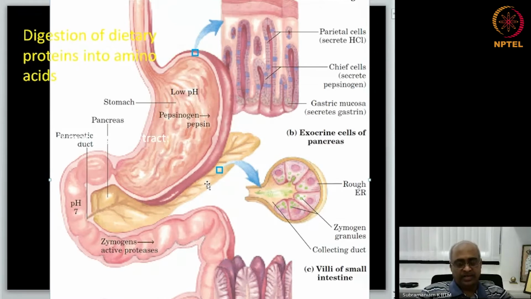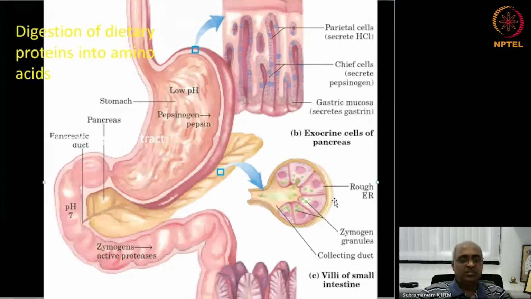They are the endocrine part of the pancreas, and therefore the pancreas is an endocrine gland also. At the same time, the exocrine cells of the pancreas, shown here, produce multiple proteases. The main ones are trypsin, chymotrypsin, carboxypeptidase A, and carboxypeptidase B.